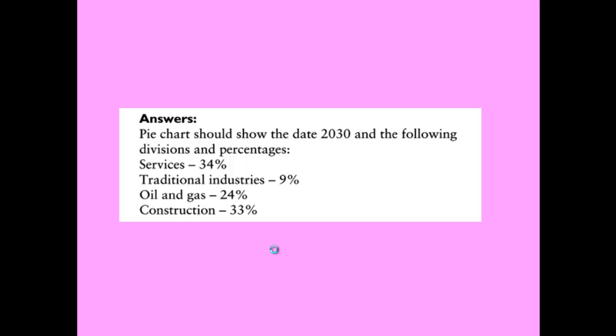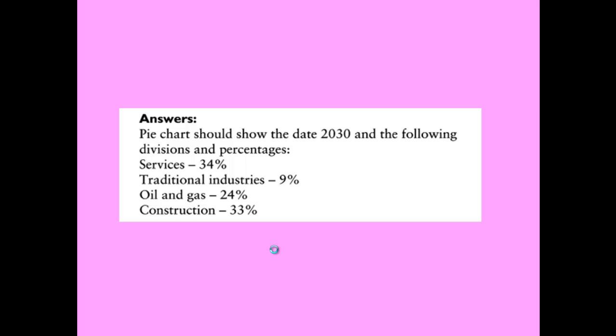If we add 34 plus 9 plus 24 plus 33, so the total is 100%. You can draw this chart or pie chart yourselves, my esteemed students, after dividing it.